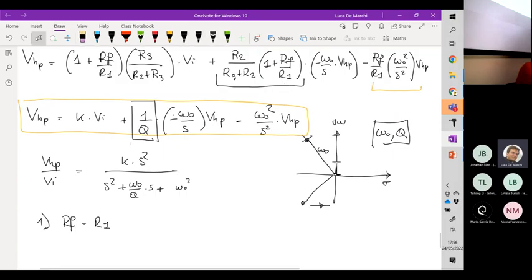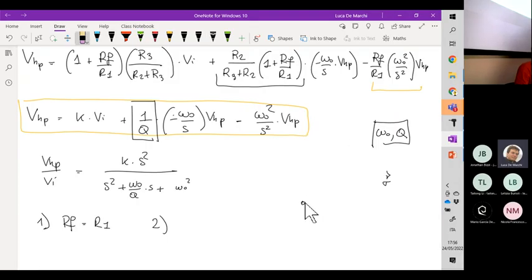So second step: twice R2 over R3 plus R2 must be equal to 1 over Q. This 2 is related to this term here: 1 plus RF over R1 is 2, because RF is equal to R1. So twice R2 over R3 plus R2 must be equal to 1 over Q.